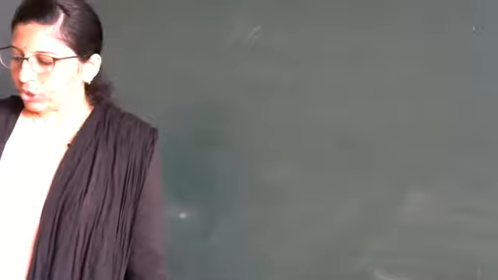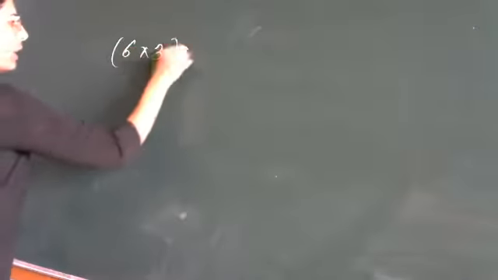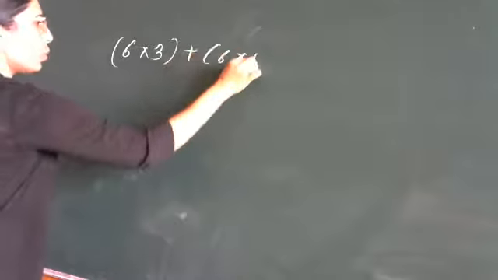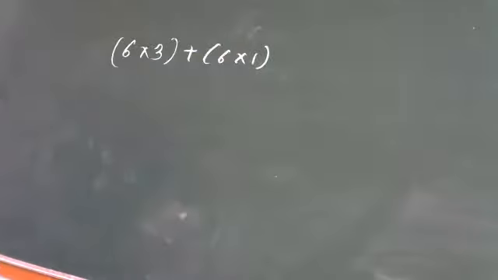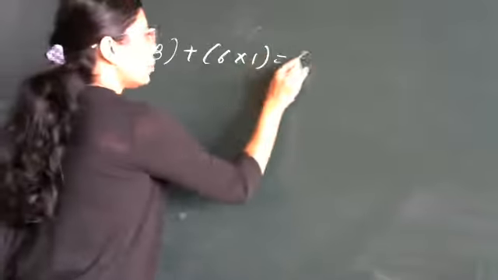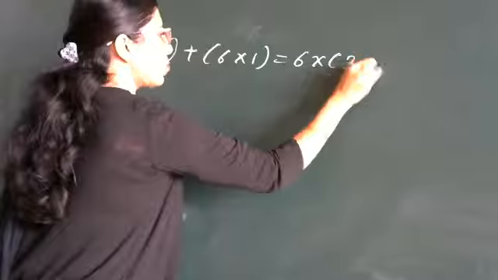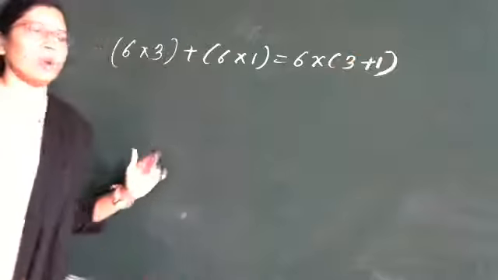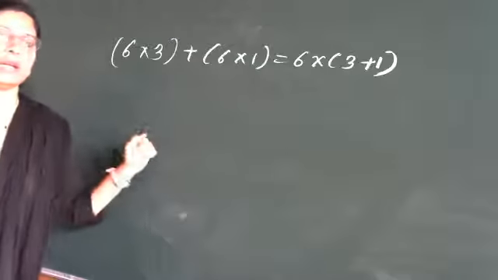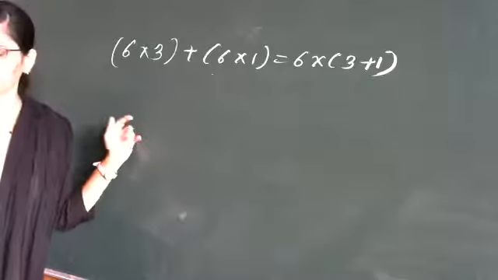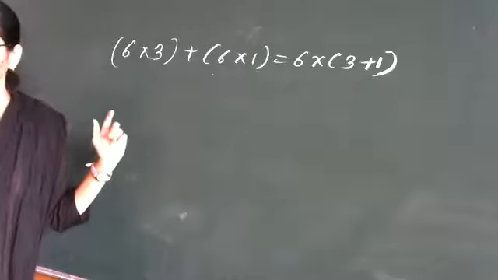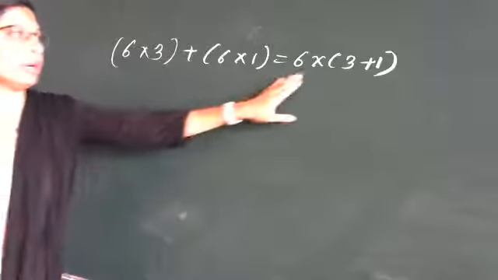Okay, ma'am. Now next. 6 into 3 plus 6 into 1, and they have given is equal to 6 into 3 plus 1. See the numbers properly and tell me which property is used here.